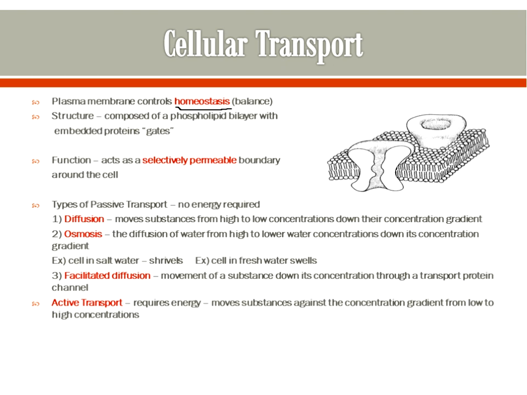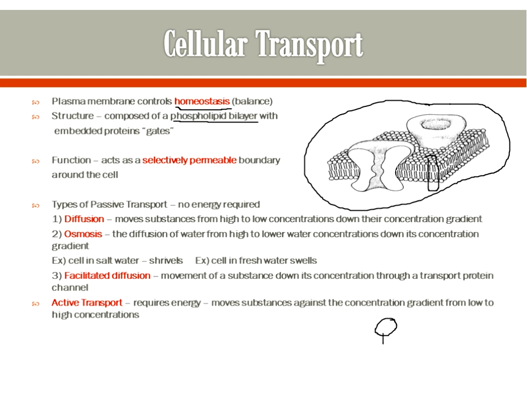What the cell membrane looks like, it's a phospholipid bilayer with gates inside. So here is a picture of your cell membrane, at least the outside of it. Here are the 2 phospholipid bilayers. If you zoom in on them, it looks like this.